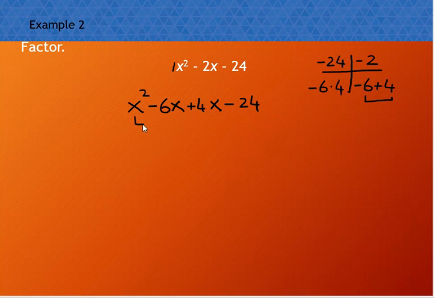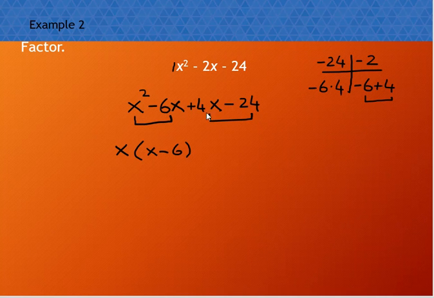And again, as in the previous problem, we are grouping the first 2 and the last 2. In the first 2, x squared minus 6x, they have x in common. After we factor out x, we get x minus 6.